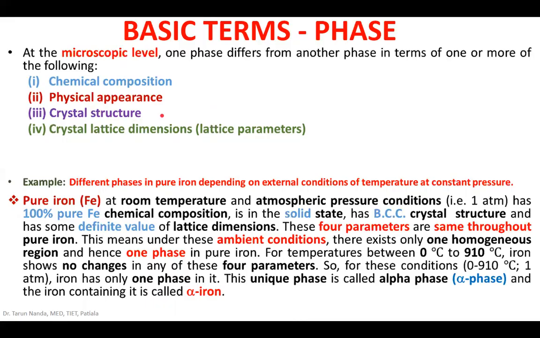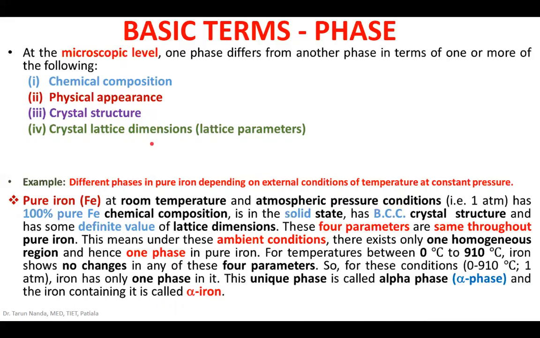The phase of iron that is existing between 1394 to 1539 is not alpha phase, because though these three things are the same, because of the exceptionally high temperature now, we are beyond 1394, these lattice dimensions are much bigger. So now this phase is not alpha phase, rather it's not even gamma phase, because gamma phase has got FCC crystal structure. This is called delta phase.